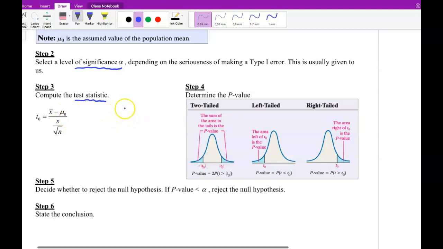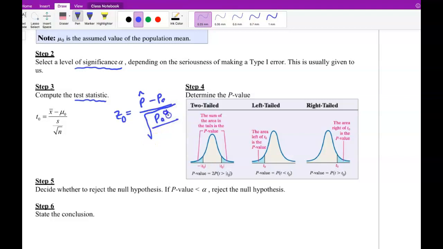When you had Z0, this was equal to, I'm just writing it so you can see the difference between population proportion and here where we have mean. So we had this one instead of this. This is what the difference is: instead of sample mean, we had sample proportion.